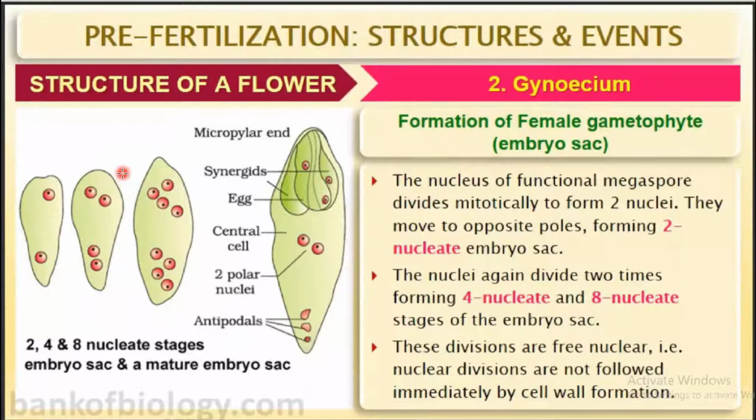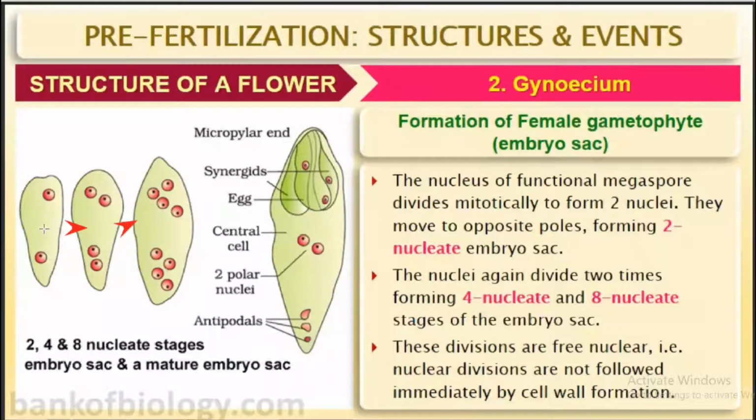Now we come to know the formation of the female gametophyte or embryo sac. I'll show you what happens in this particular area. The one functional megaspore undergoes continuous mitotic division, so how many cells and how many nuclei are produced, we can see.